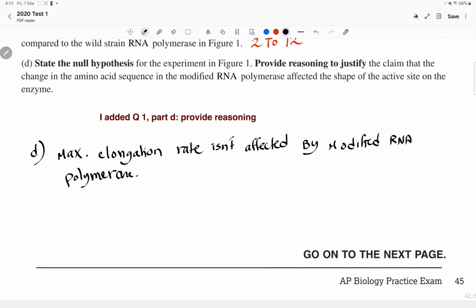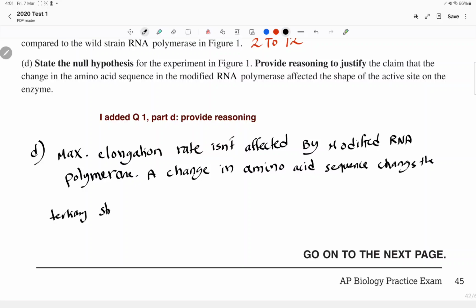Provide reasoning to justify the claim that the change in the amino acid sequence in the modified RNA polymerase affects the shape of the active site. Well, basically, a change in amino acid sequence changes the tertiary structure.